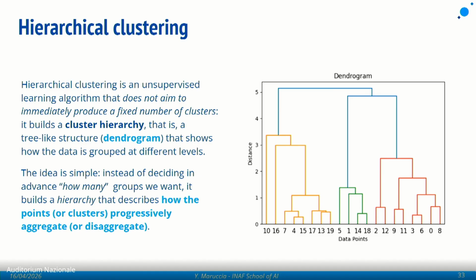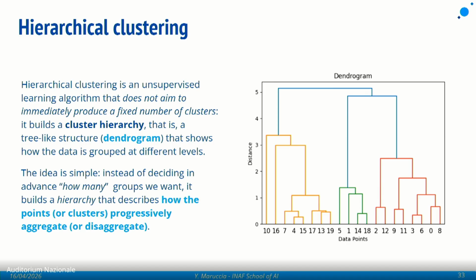progressively aggregate. So if we start from the bottom part, where we have the data points, we can understand how the points cluster progressively going from the bottom to the top, or starting from the top, so starting from the clusters, how they divide into the single data.